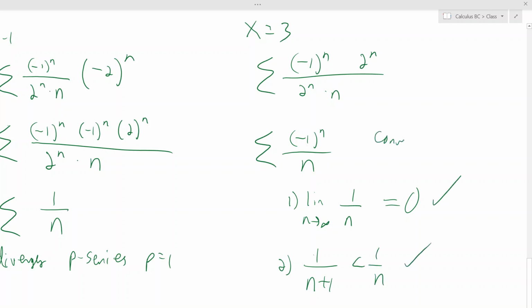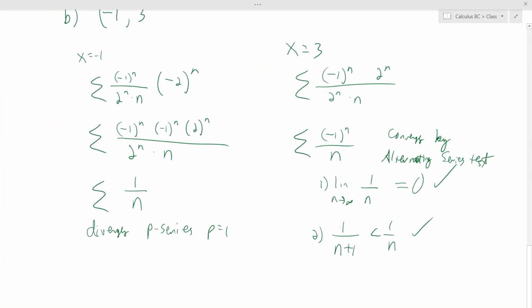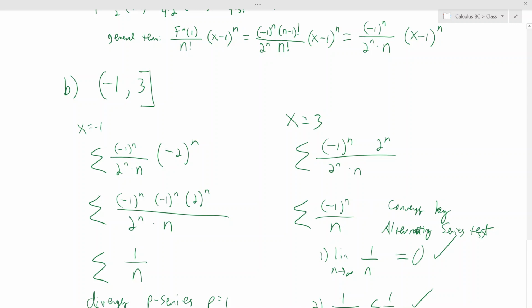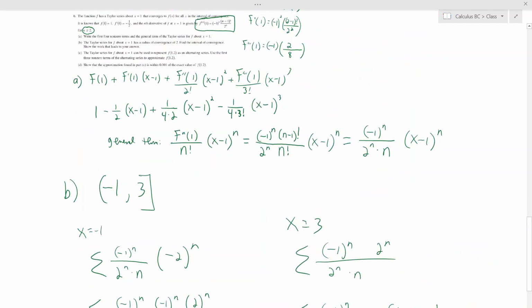So you would write converges by the alternating series test. Okay, so that's our interval of convergence. When they say show your work, they mean check the endpoints.